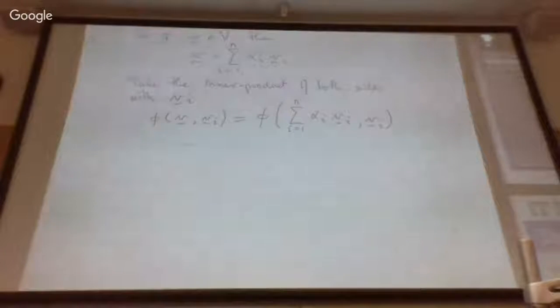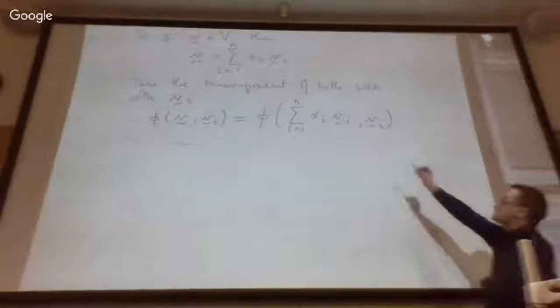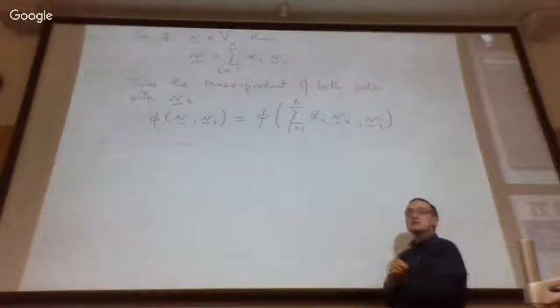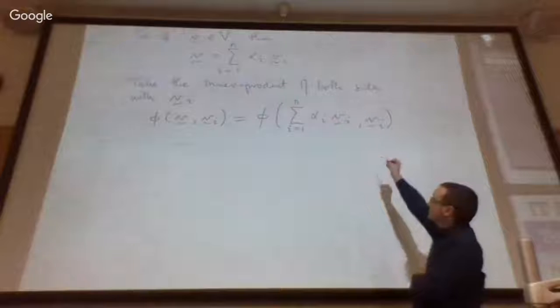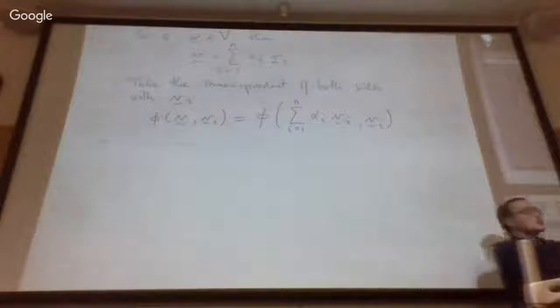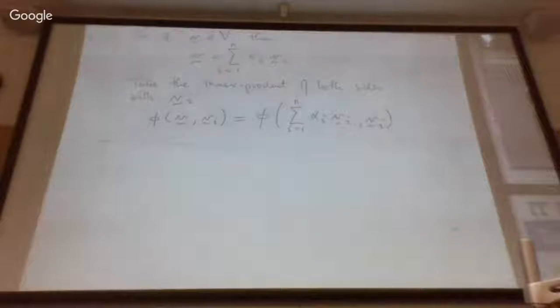Now, the first defining property of the inner product is that the inner product is linear in the first argument, in the first position. So in this first position, what do we have except a big linear combination? Those linear combination operations, the summation and the scalar multiplication, can all be taken outside the inner product.